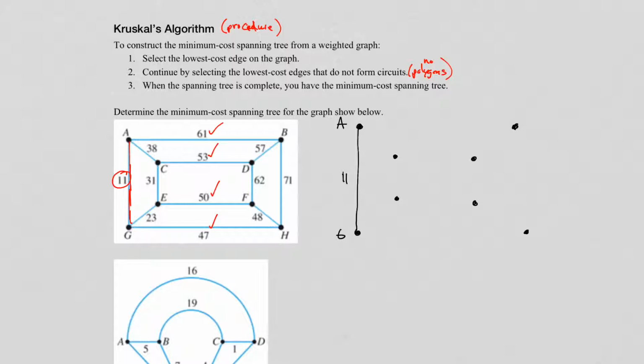So we can definitely get to H. Now we have to get to the middle somehow. We have 38, 23, 48, and 57. And so we can choose the 23.